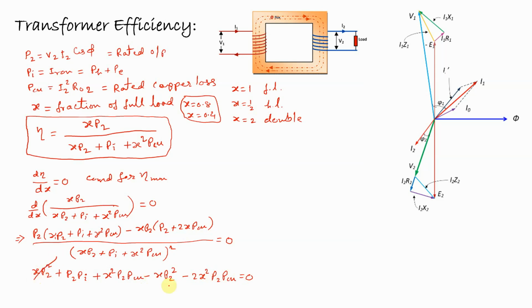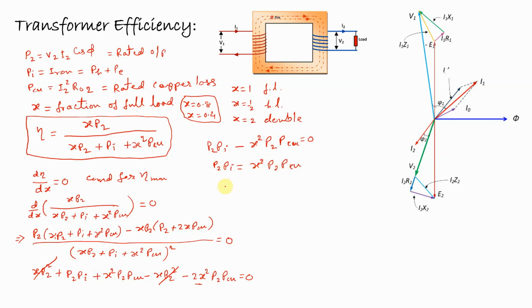Here x P2 square is cancelled, and it will be P2 into Pi minus, this is minus 2, this is plus 1, it will be minus x square P2 PCU equal to 0, or we can write P2 Pi is equal to x square P2 PCU.